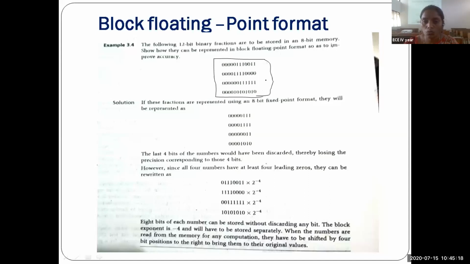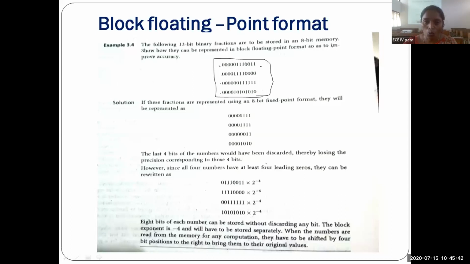Memory needs to be stored with only 8 bits, but I have input with 12 bits. How to store these 12 bits in the 8-bit memory? There is a question. Generally what we'll do, and I am saying this is a fractional part. Fractional part means for every number there is a binary implied point. So after the binary implied point only your number is represented like this.